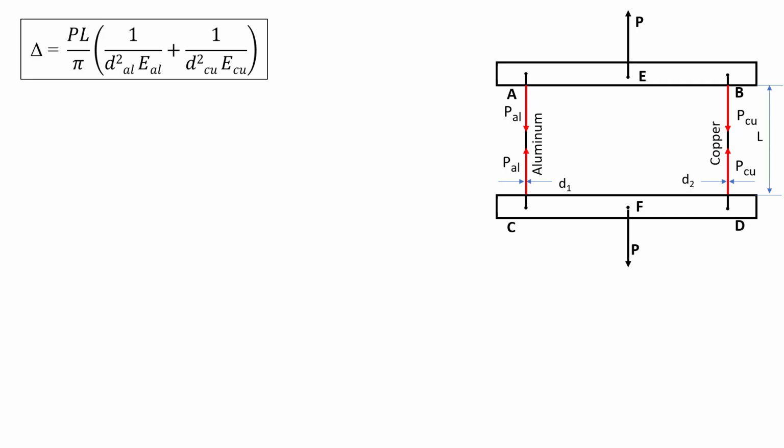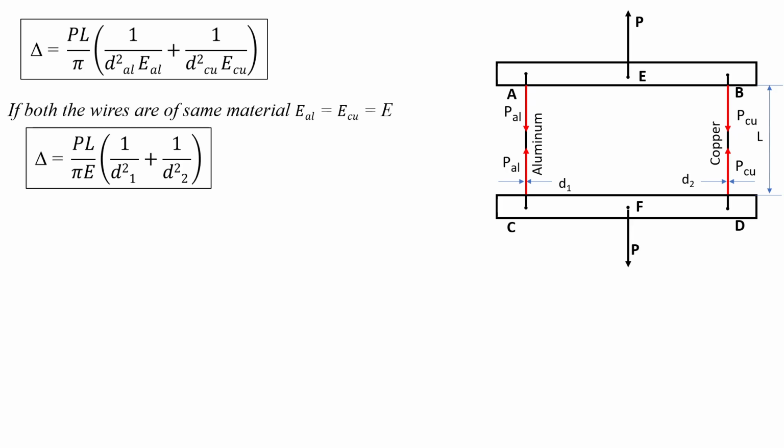This is for the case when the two wires are made of different materials, here aluminum and copper. Let's see another expression, if both of the wires are made of the same material. If the material is the same, its Young's modulus will also be the same for both wires.